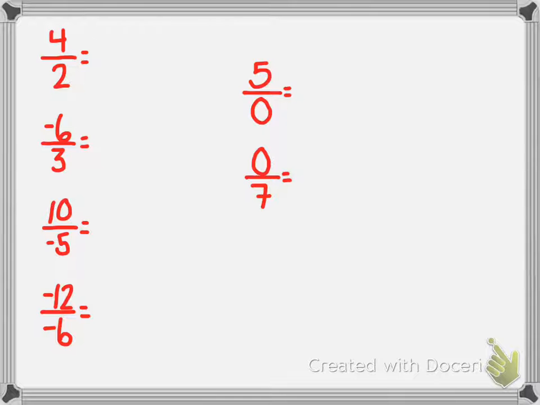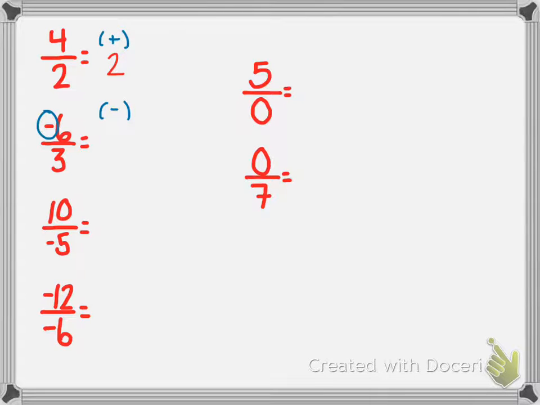We'll do a couple more examples here. 4 divided by 2 is 2 positive numbers, so my outcome is going to be positive. And 4 divided by 2 is 2, and it's a positive 2. Negative 6 divided by 3. Is my outcome going to be negative or positive? It's going to be negative because I have one negative number.